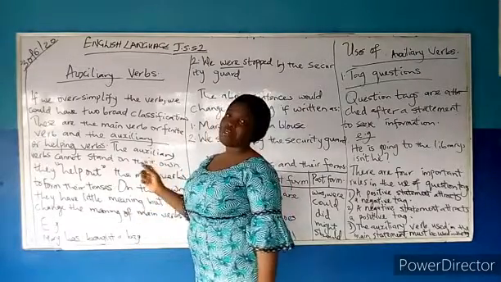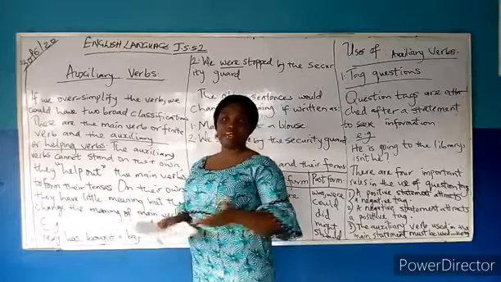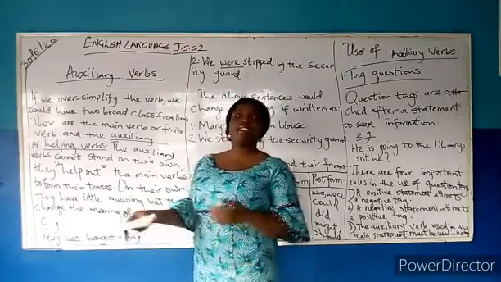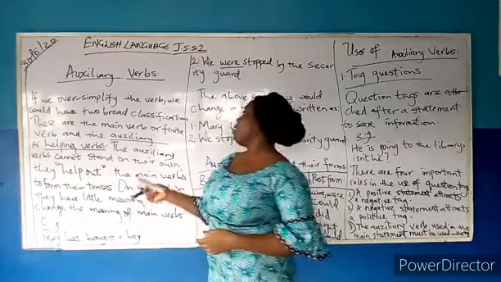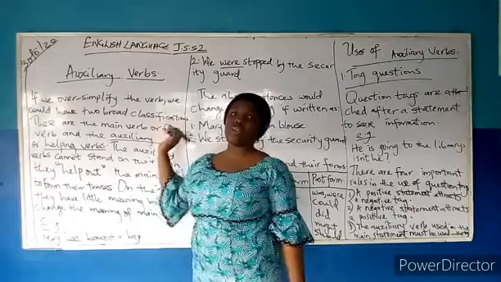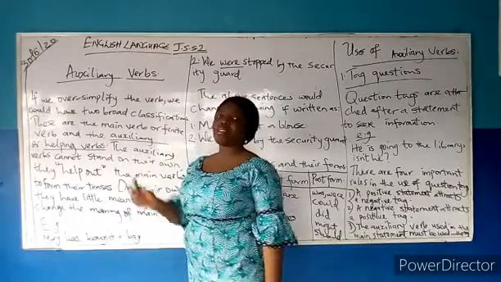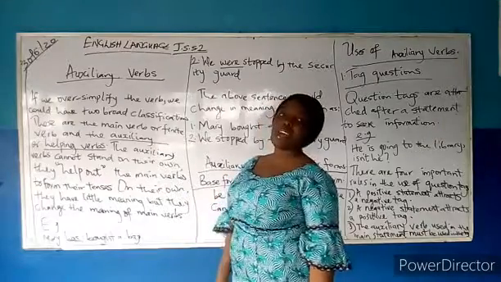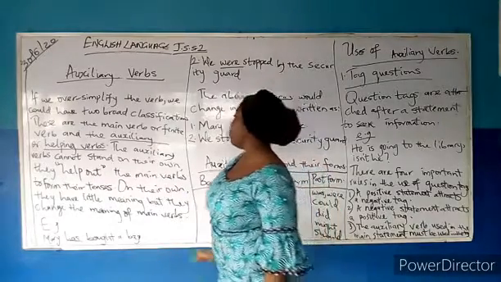Remember that we have other kinds of verbs, which could be regular, irregular, finite, infinite. But now we want to look at broadly two groups of verbs: the main verb or the finite verb, and the auxiliary verb, which is a helper and can never stand on its own.